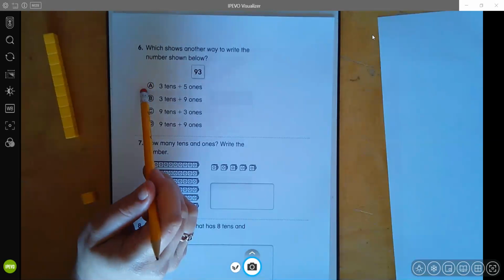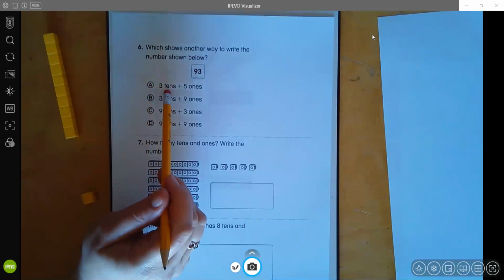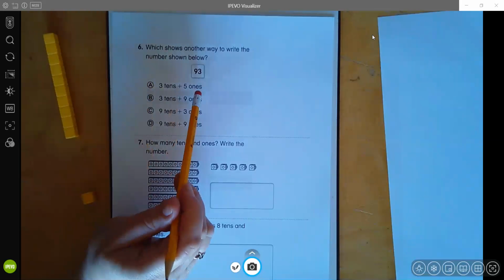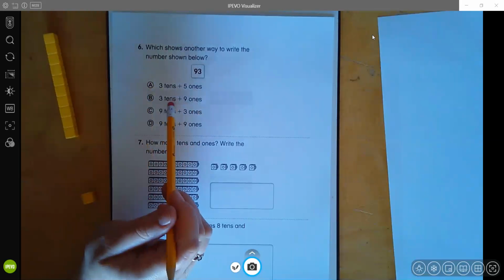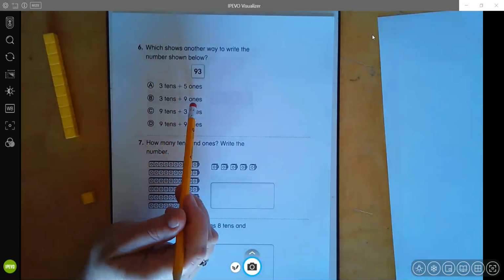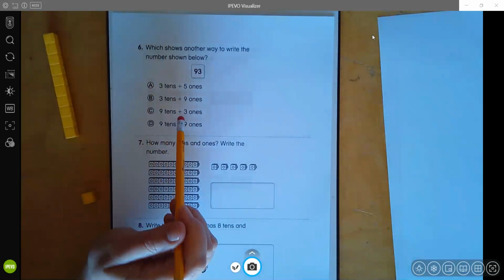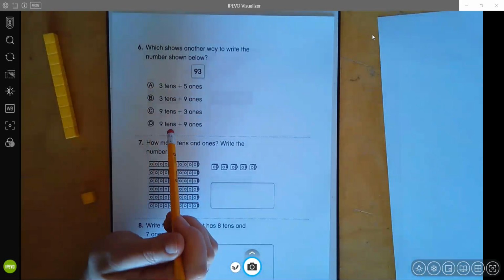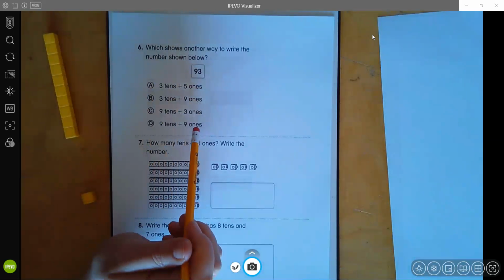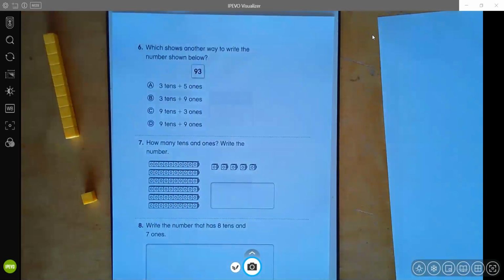First one, A, is 3 tens plus 5 ones. B says 3 tens plus 9 ones. C says 9 tens plus 3 ones. D says 9 tens plus 9 ones. So go ahead and choose your answer. Pause the video if you need to.